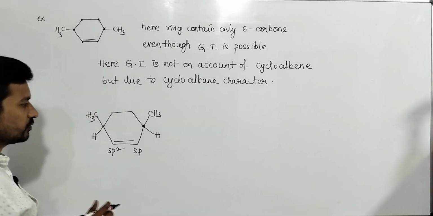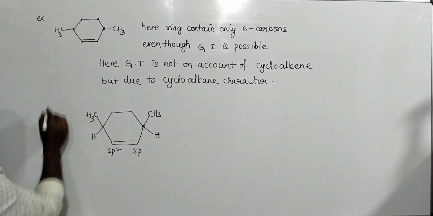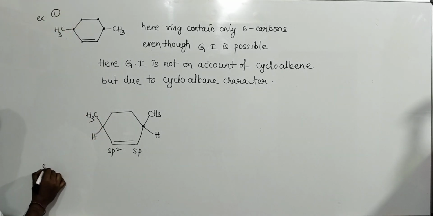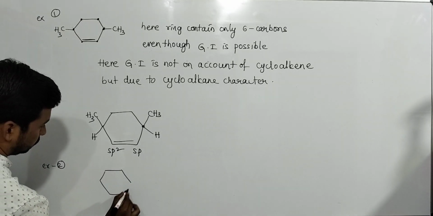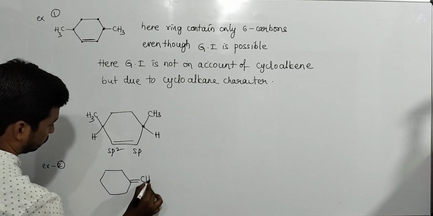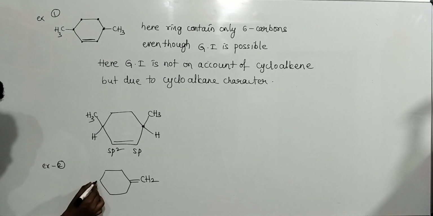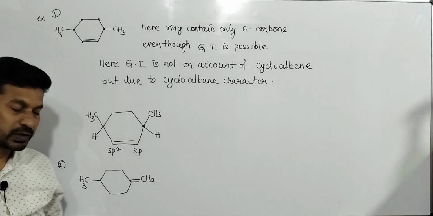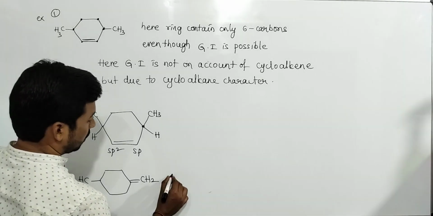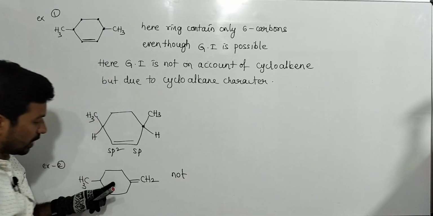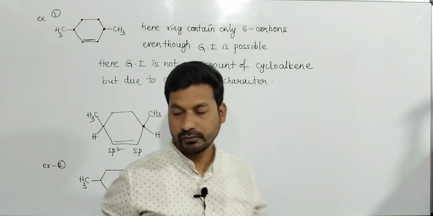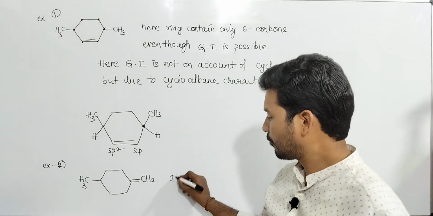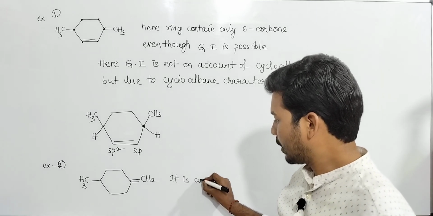Okay. If you write like this, example 1, example 2: for this molecule, is geometrical isomerism possible or not? Not possible. It is a cycloalkane.